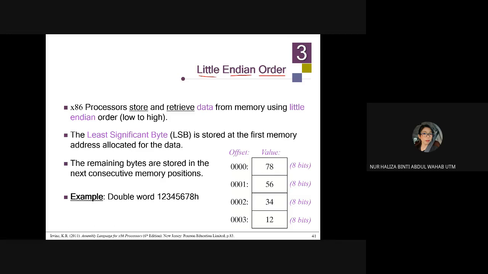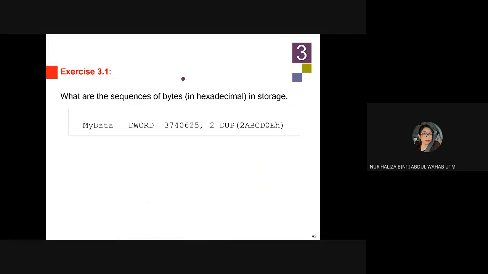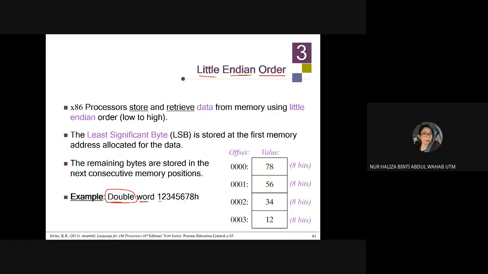So how? Let's say you have double words. This double is your identifier, this is your words, and this is the value in hexadecimal. Now using the little endian order, you're going to pick this one byte and put it into this one.